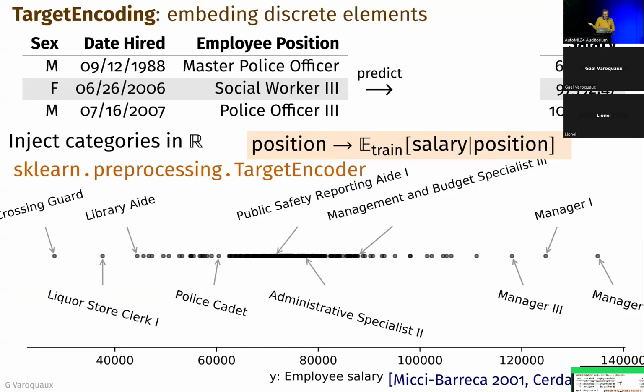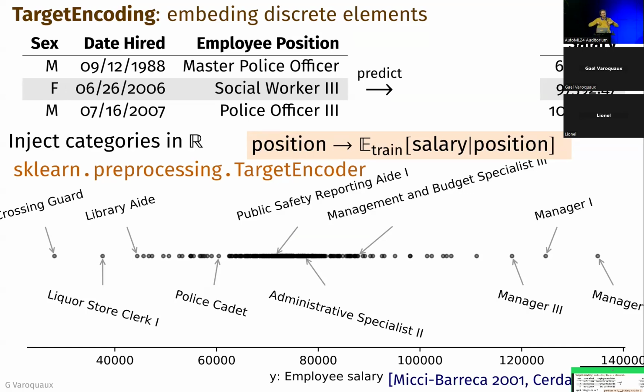Why is this interesting? Because you're basically injecting these categories in a number, and you're injecting those categories in a way that is consistent with what you're trying to predict. So basically here we're putting the job descriptions who typically have lower salaries on one end, and the job descriptions who typically have higher salaries on the other end.